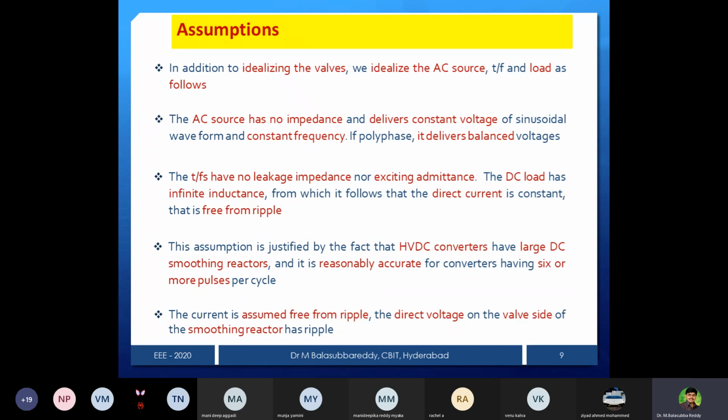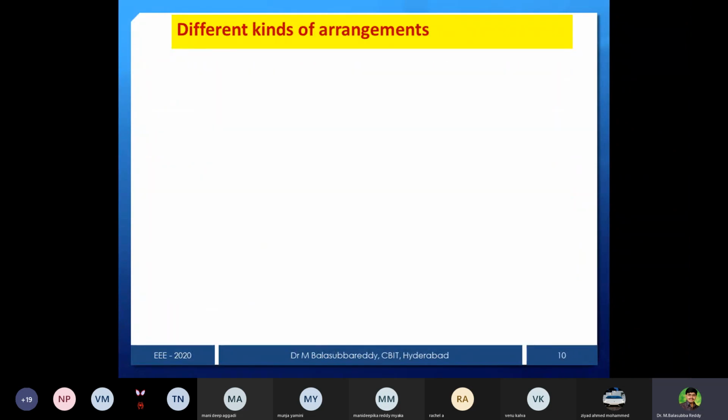And the current is assumed free from ripple. So how do you get it free from ripple? That is what we use the smoothing reactor for. So the current is assumed ripple free, which is obtained by the valve side as well as the smoothing reactor. So these are some of the assumptions.